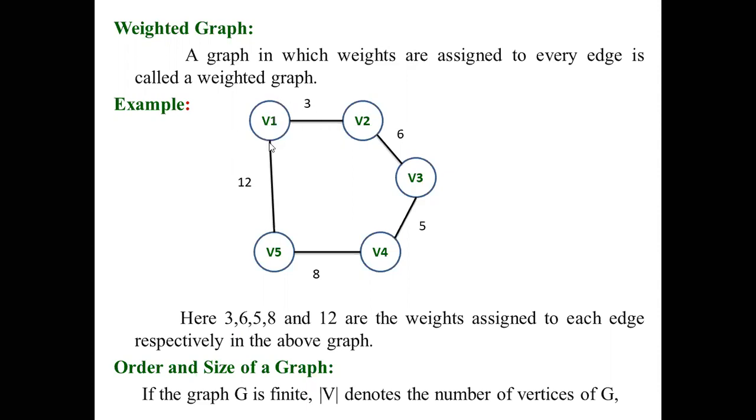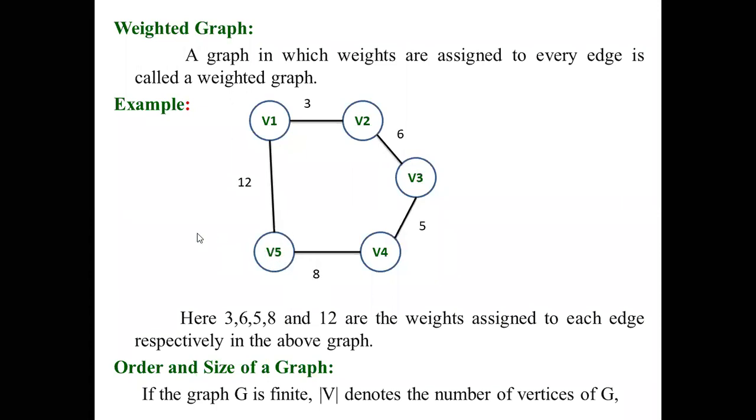Let us consider an example. In this graph, the vertices are V1, V2, V3, V4, V5. From V1 to V2, the edge weight is 3. V2 to V3, the edge weight is 6. V3 to V4, the edge weight is 5. V4 to V5, the edge weight is 8.